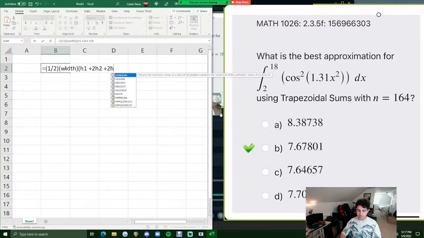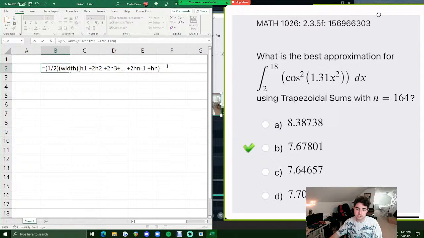And then at the very end, you'll have 2 times the second to last height and then plus 1 times the last height. This is essentially the formula for the trapezoidal sum.